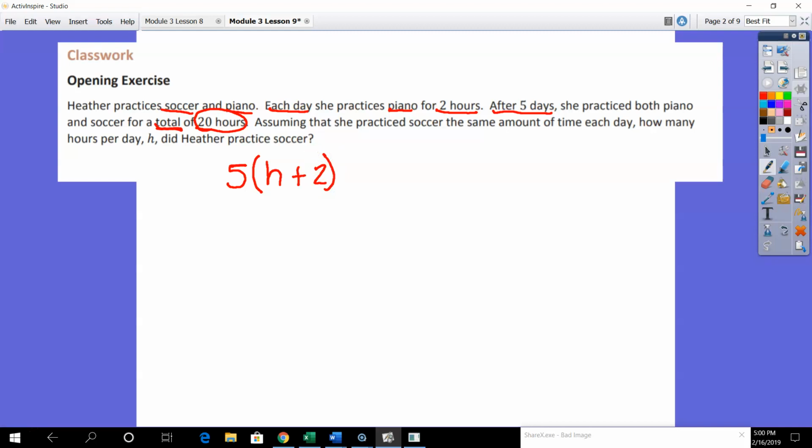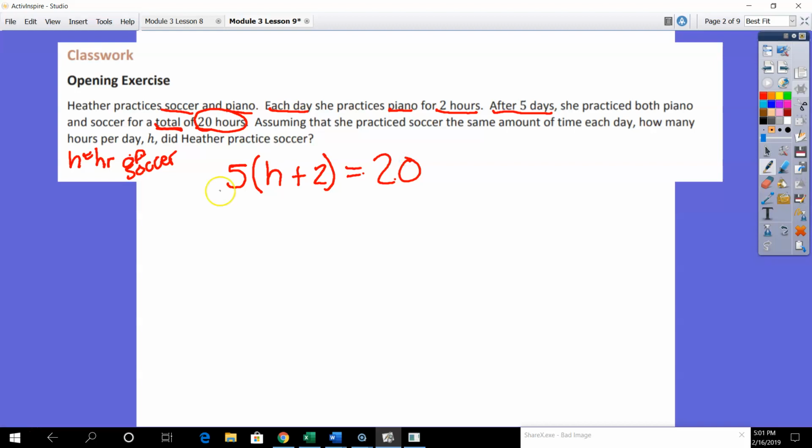So H plus 2 is representing how many hours she's practicing, and then she's doing the same thing every day for 5 days. So 5 times (H plus 2) equals, hours of soccer, and it gives us a total of 20.